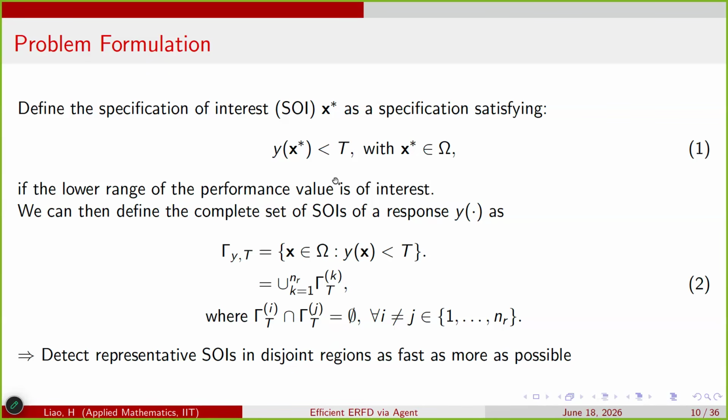Like the picture I showed before, like different headers. It may not have explicit boundaries, depending on the space you're working on. But you can certainly write it down as a union of disjoint sets. And these disjoint sets are our goal in this setting. And this number of regions will depend on the threshold.